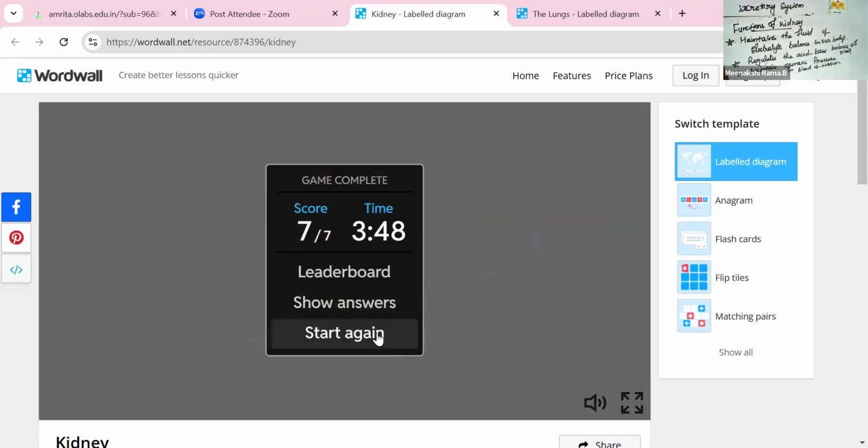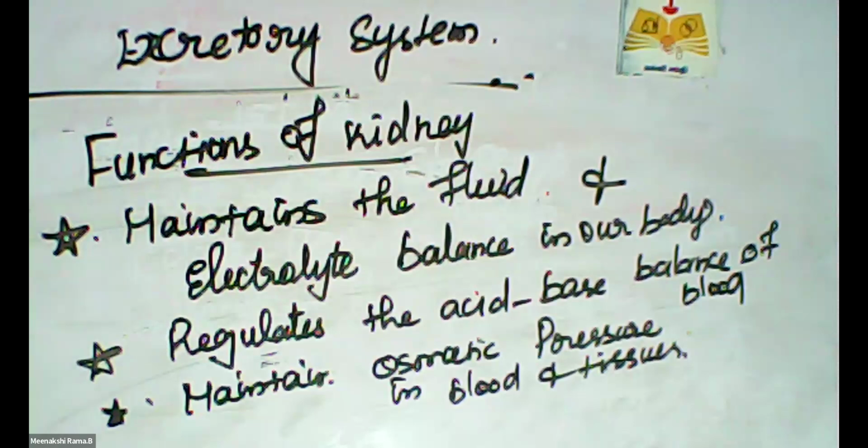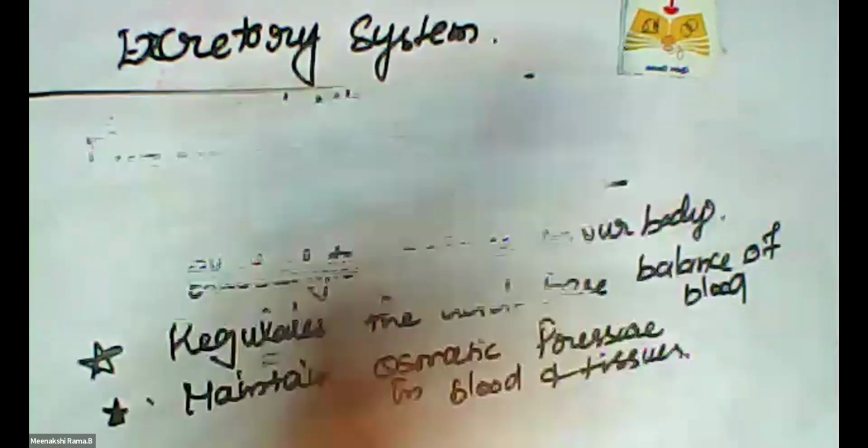I think it is also very useful for you. So this is the main function of the excretory system. Okay. And next one is nephron. I already told each kidney consists of more than 1 million nephrons.